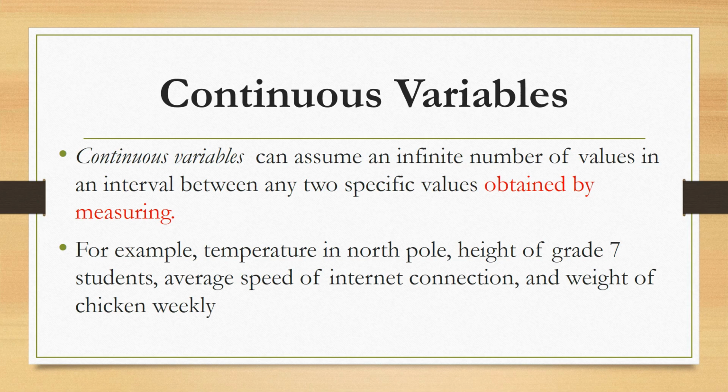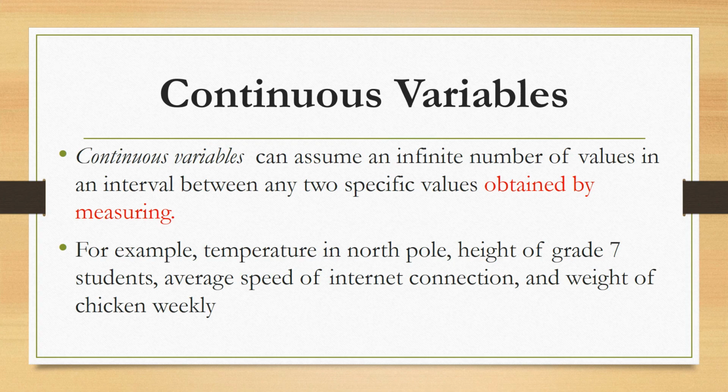So for example, temperature in North Pole. You cannot say that it is exactly a whole number. Height of a grade 7 students. If you are measuring this, there is a possibility that it is not a whole number, as well as the average speed of internet connection. And you are going to measure this, or there is an instrument that you are going to use in order to get the values.